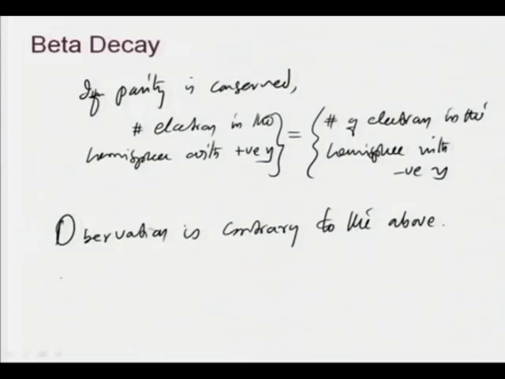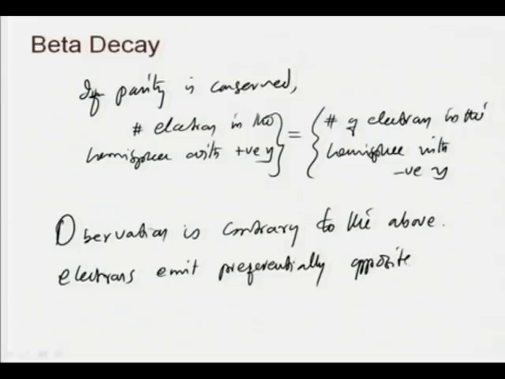There is a preferred direction. Electrons are found to be emitted preferentially opposite to the spin of cobalt.